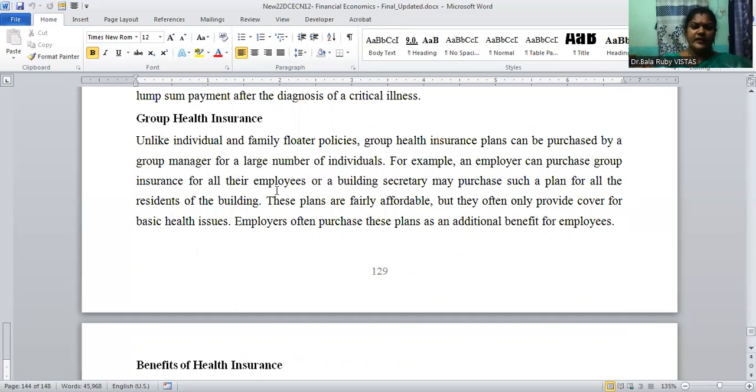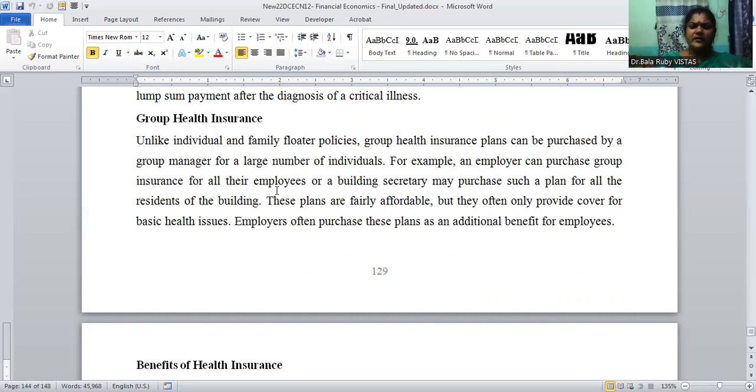See, unlike individual and family floater policies, group health insurance plans can be purchased by a group manager for a large number of individuals. For example, an employer can purchase group insurance for all their employees, or a building secretary may purchase such a plan for all the residents of the building.